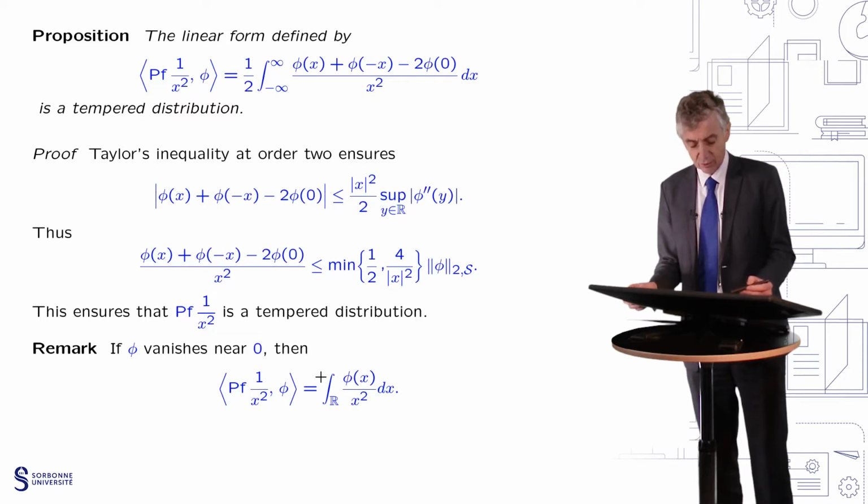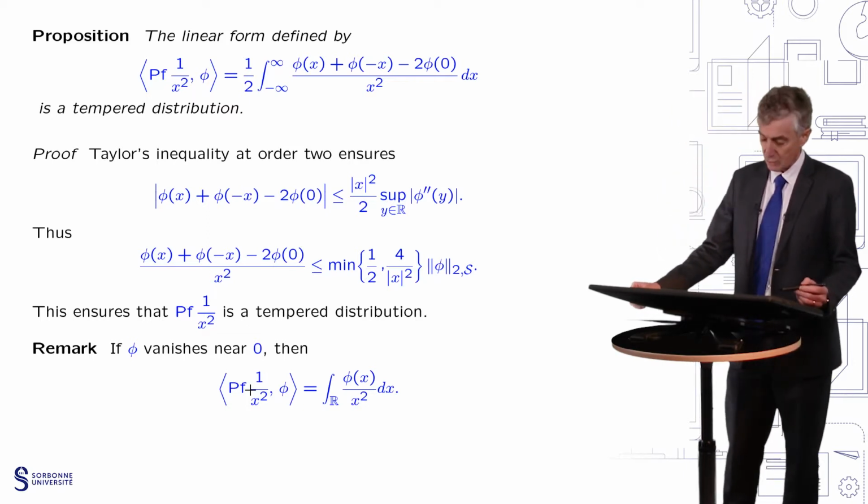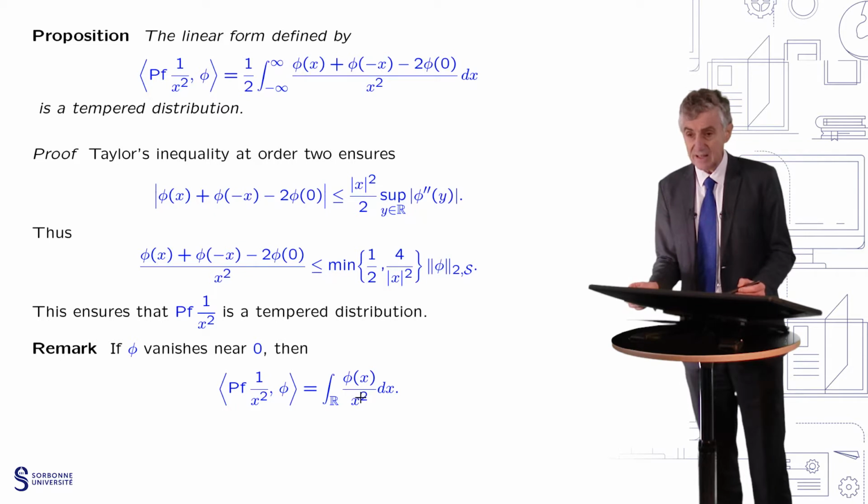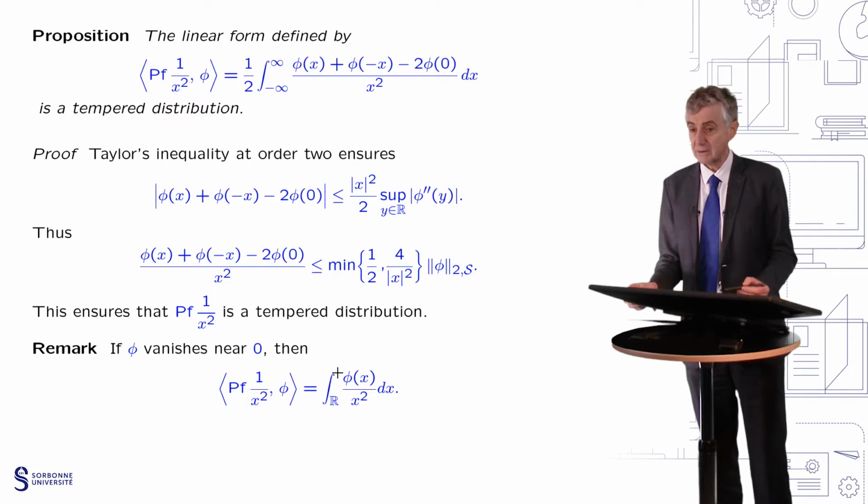So outside 0, this distribution finite part of 1 over x squared acts exactly as 1 over x squared as a function. Again, 1 over x squared is not a function on R because it's not locally integrable on R. So in some sense we have extended 1 over x squared not as a function but as a distribution.